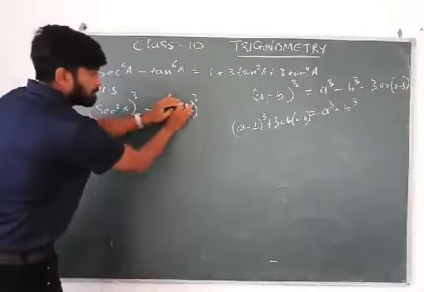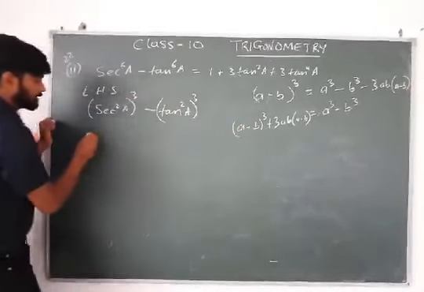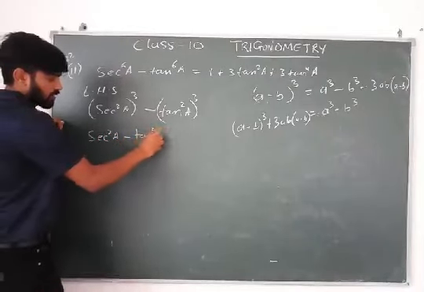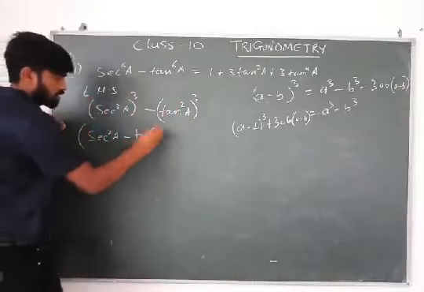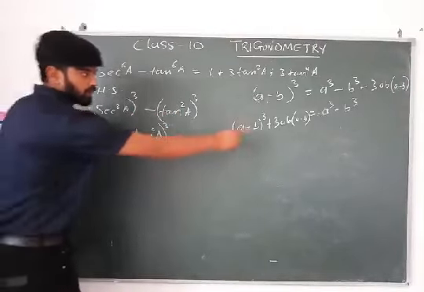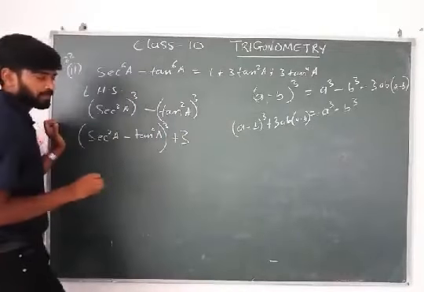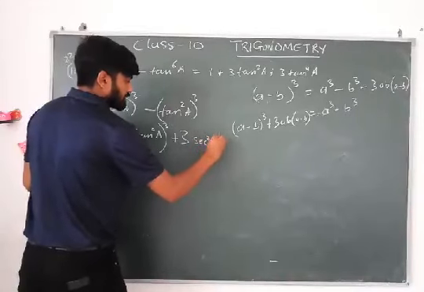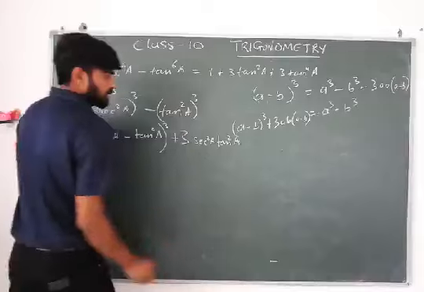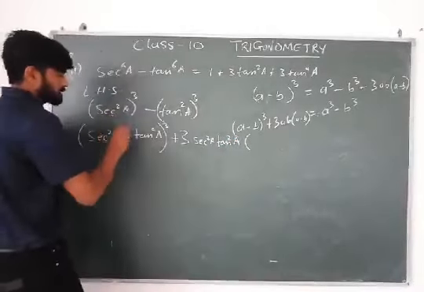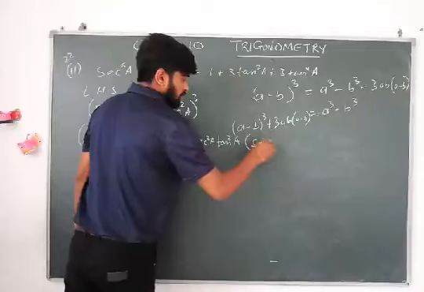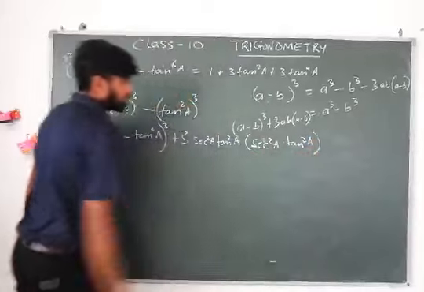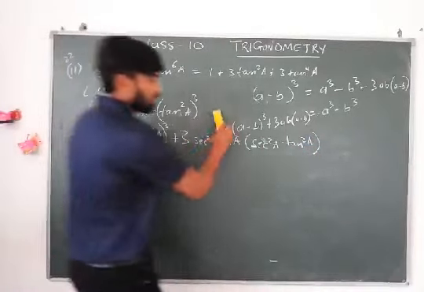So A cube minus B cube is A minus B, that is sec square A minus 10 square A, because this is A, this is B, whole cube, plus 3AB, sec square A into 10 square A, and in the bracket, A minus B, sec square A minus 10 square A. Okay, so this is what I got right now.